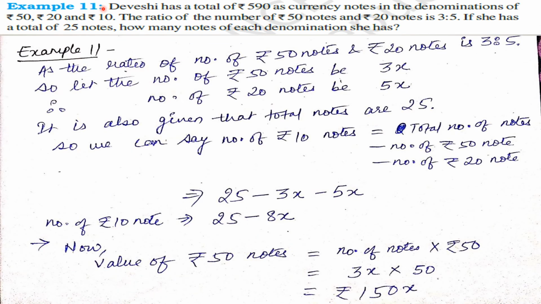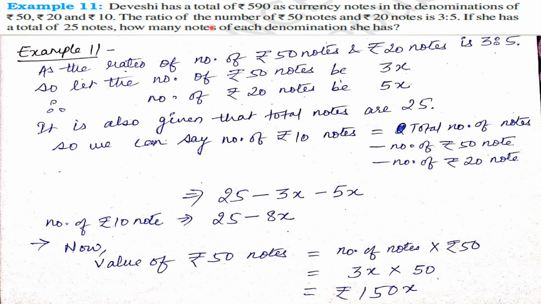Last example. Deveshi has a total of rupees 590 value of money. Total how much money she is having? 590 as currency notes in denomination of 50 rupees, 20 rupees, 10 rupees. Suppose in her purse she has three kinds of notes: 10 rupee notes, 20 rupee notes and 50 rupee notes.